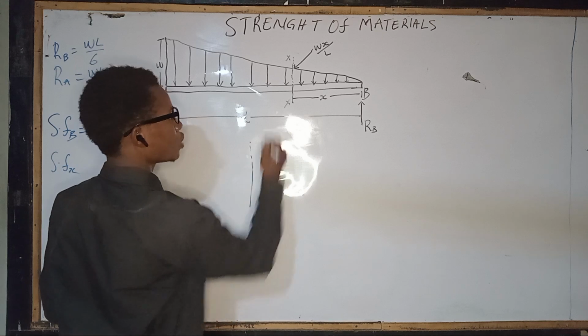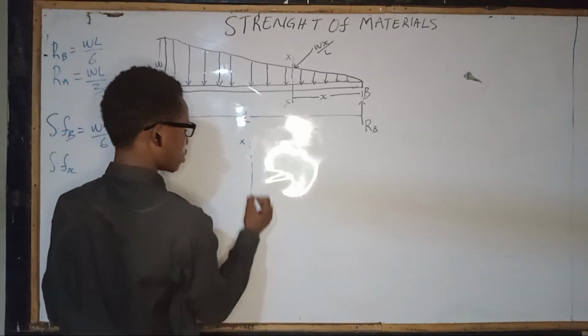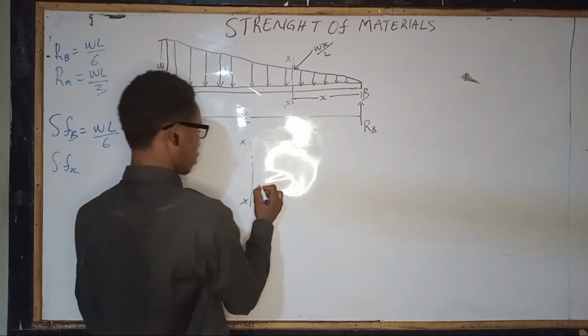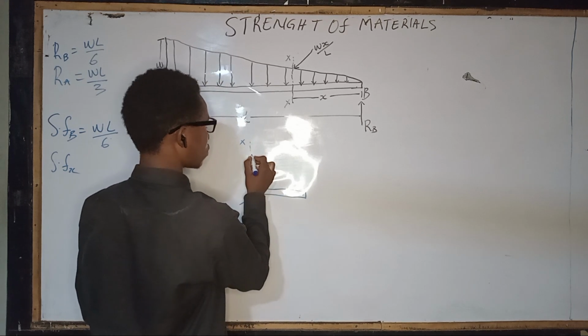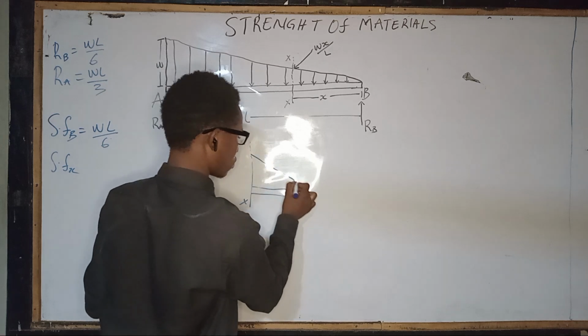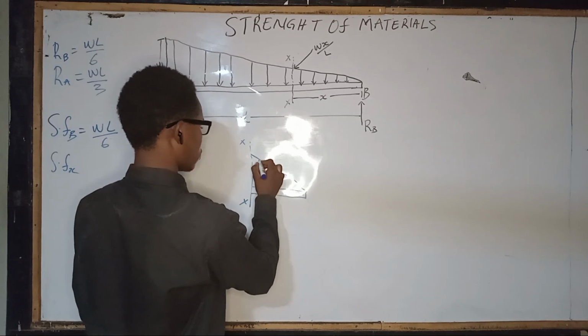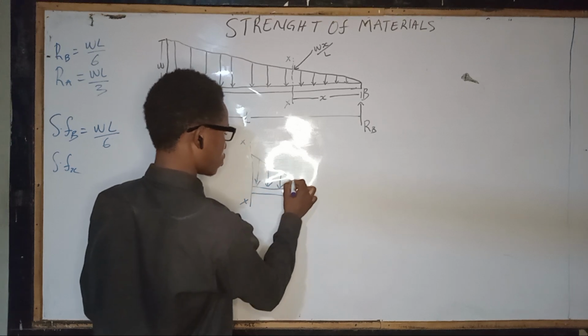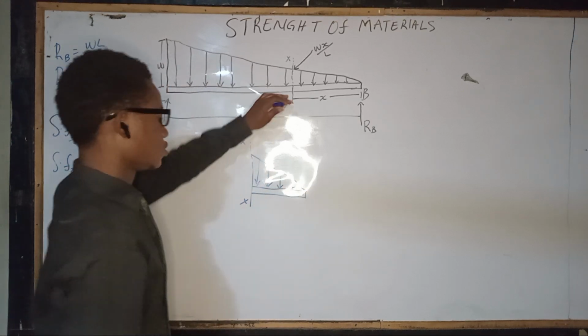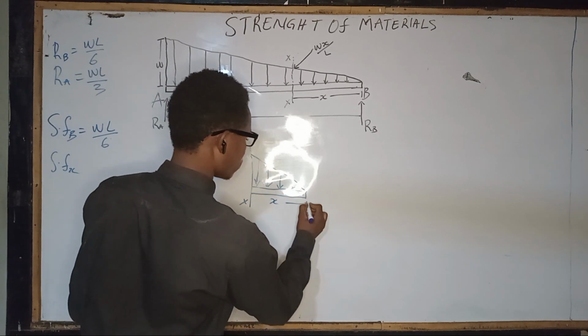Let's say this is where one section is, this is X, and this is the section here with distance x from here to here.